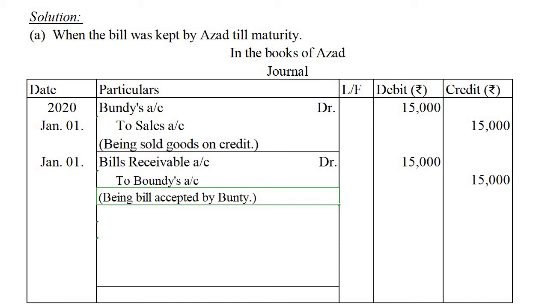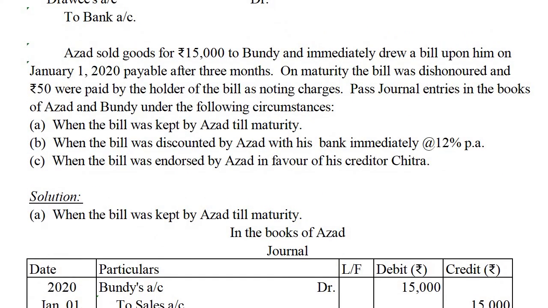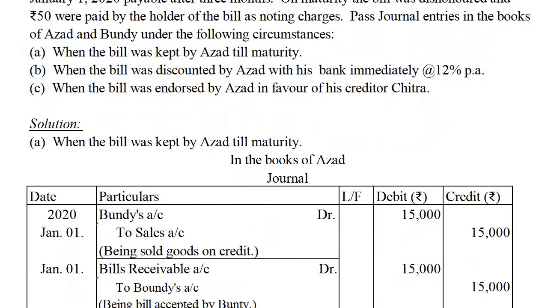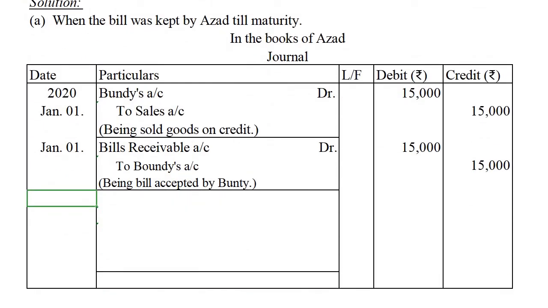Now the bill has not matured. Actually the maturity date is after 3 months. So after January, February, March, April, April 1 is the maturity date, but we will give 3 days of grace. So 1 plus 3, 4. So April 4 is the maturity date.